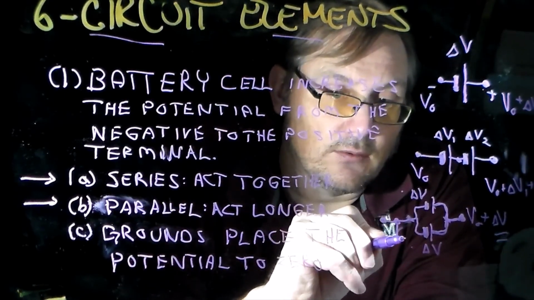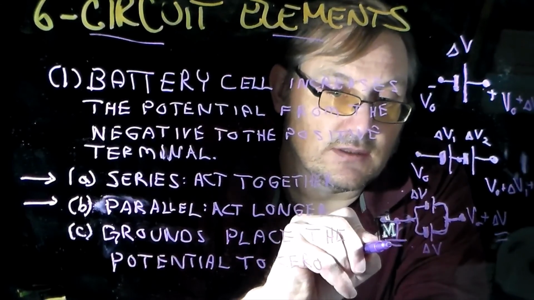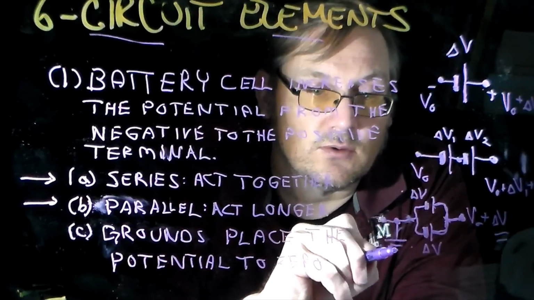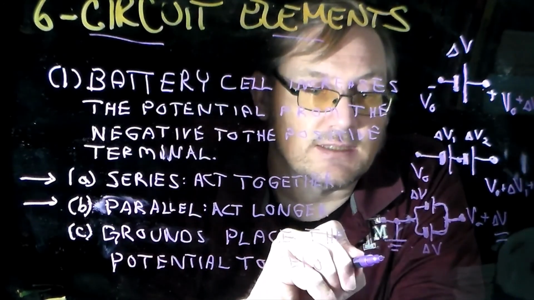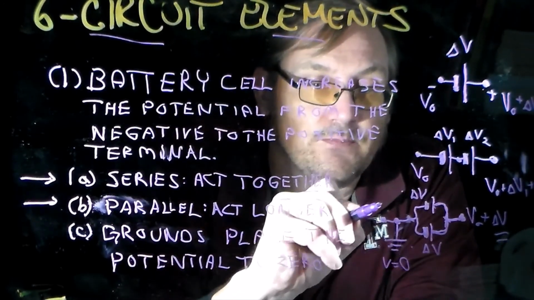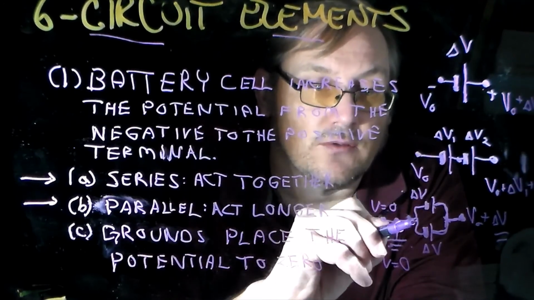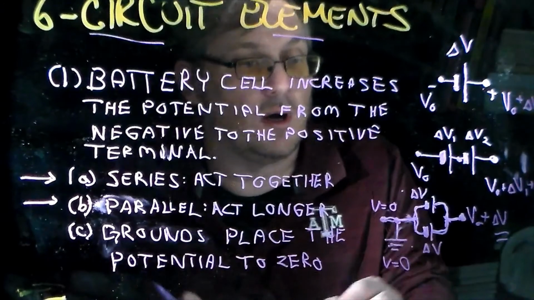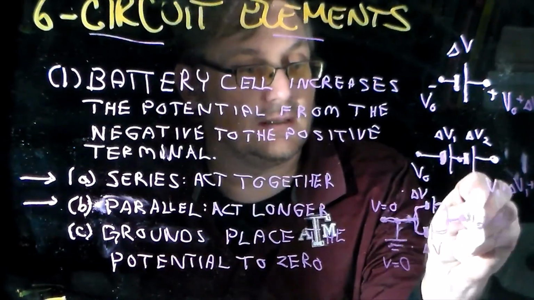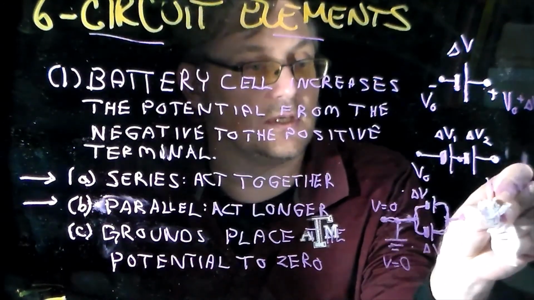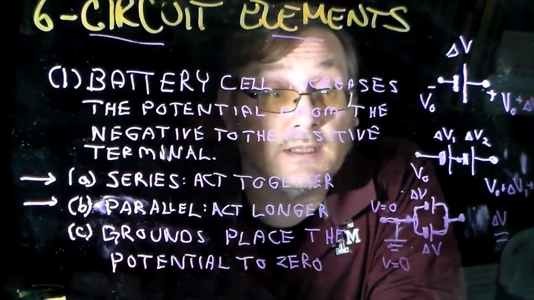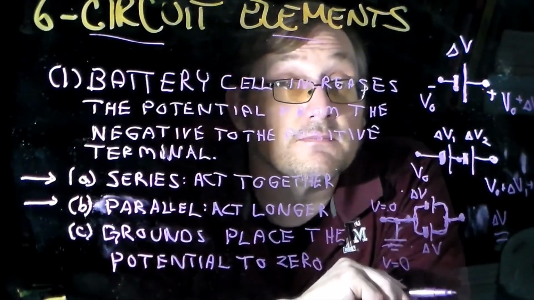I would take a ground out there, and I have these three lines, almost a triangular pattern. They get smaller as they come down. So these three lines indicate a ground, and that says the voltage is equal to 0 along this entire point here, which means that after you go up that delta V, you just go to a potential of delta V up here. This is just telling us where 0 is, basically.